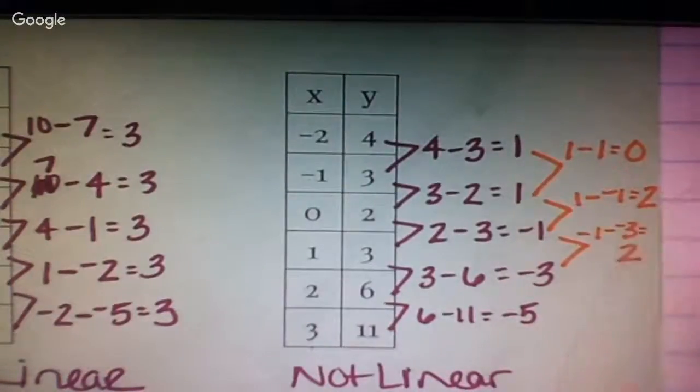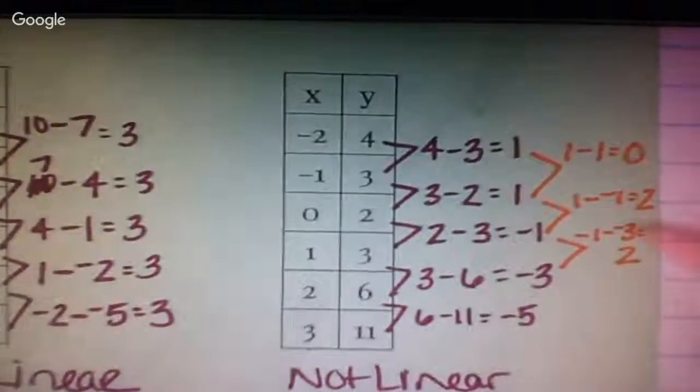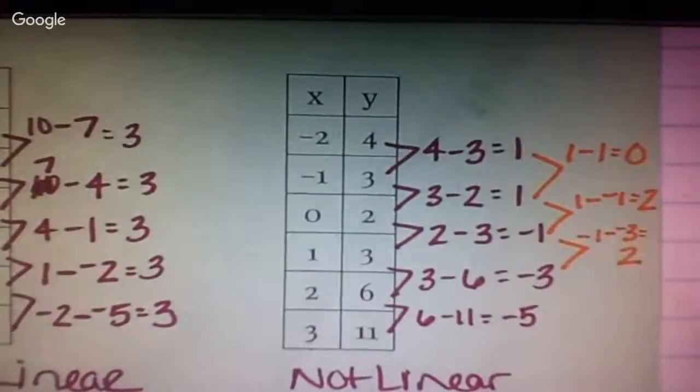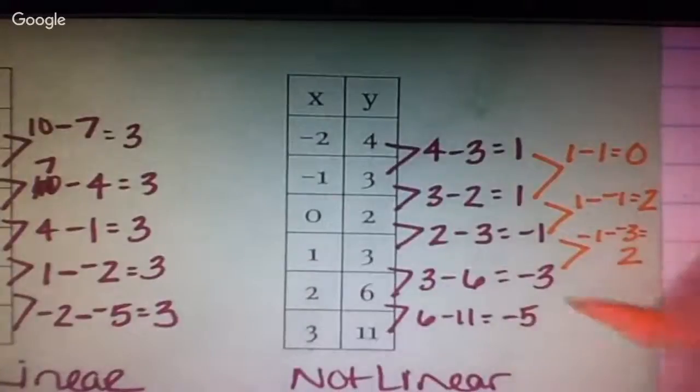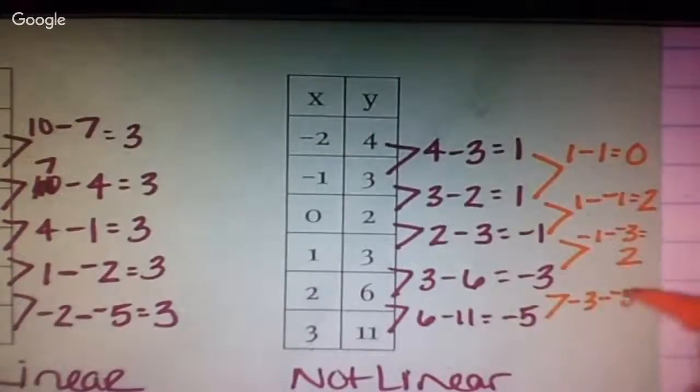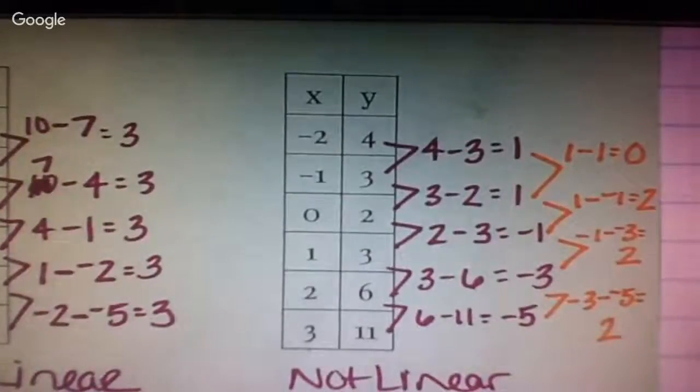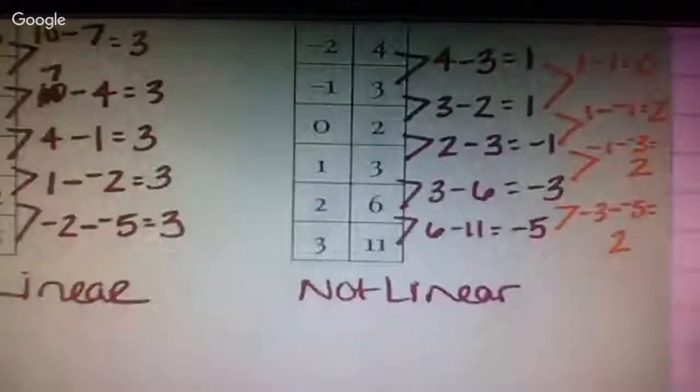That's 2 again. Remember, minus a negative turns it into plus a positive. And -3 minus -5, 2. Are all of those numbers exactly the same? No. So this is not quadratic either.